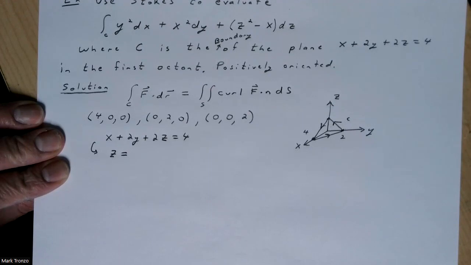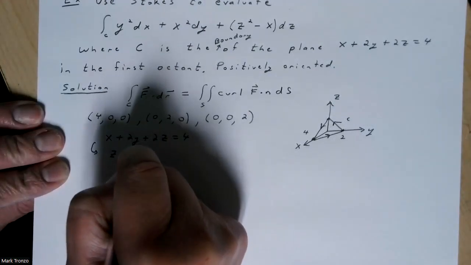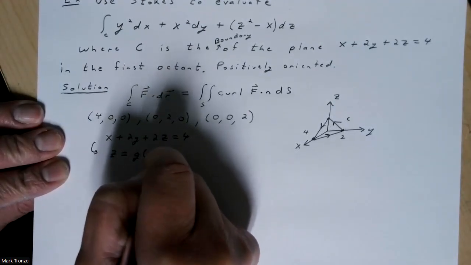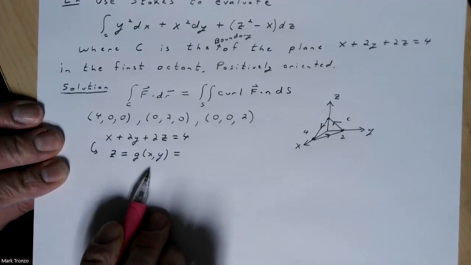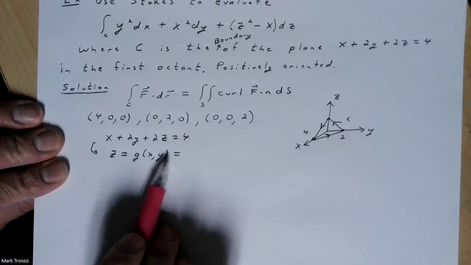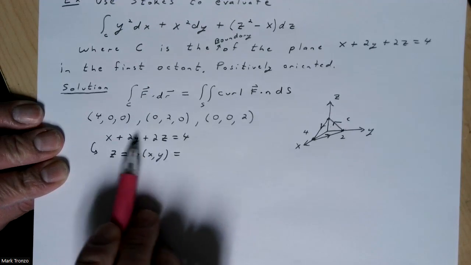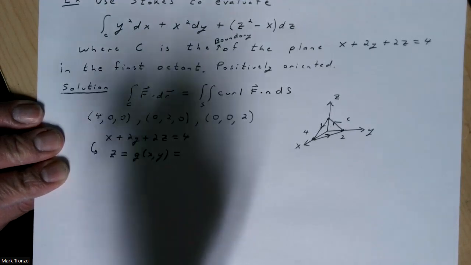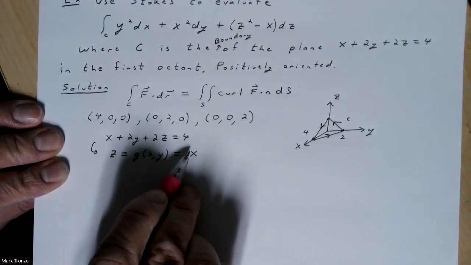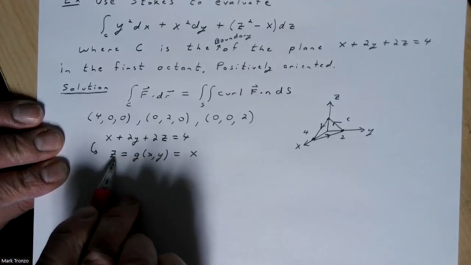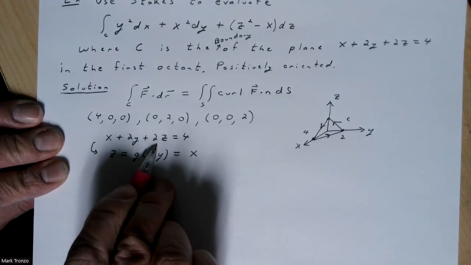And that'll give you like a function. A lot of times they'll write this as a function g of x, y, just to tell you it's going to end up with a function of x and y. So in any case, solve this for z. So we'll bring x to the right, and we'll bring y to the right, and then divide by 2.